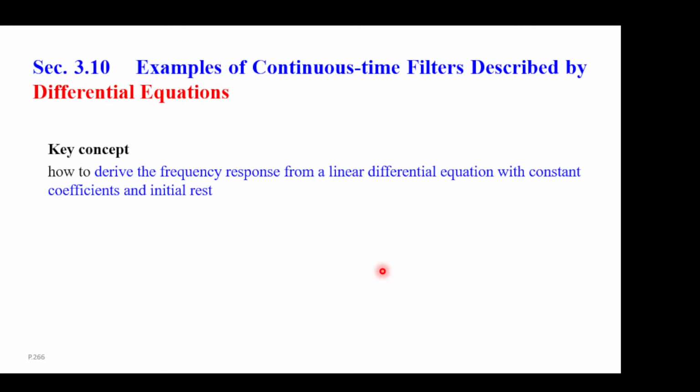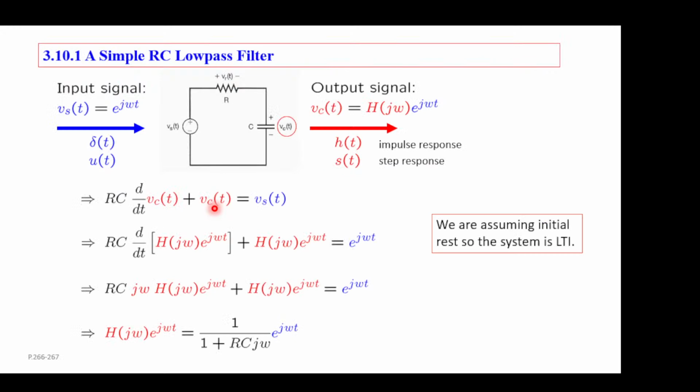In chapter 2, we talked about differential equations with initial rest condition, which are LTI systems and causal. But we didn't talk about how to solve them. Here we can solve them because we know those LTI systems can be described by system functions. So we have this very funny way to solve differential equations by just asking, what's this big H of j omega?